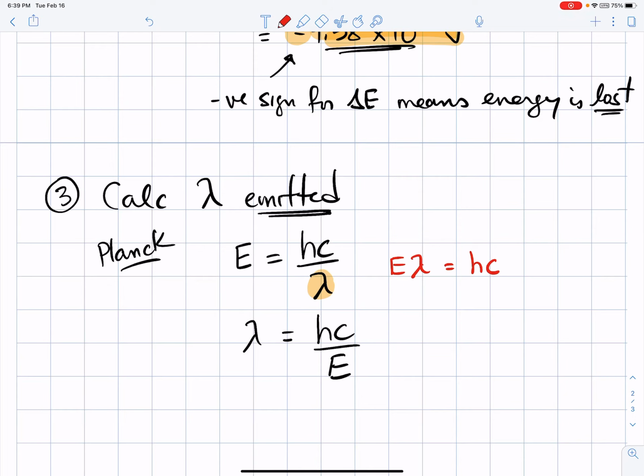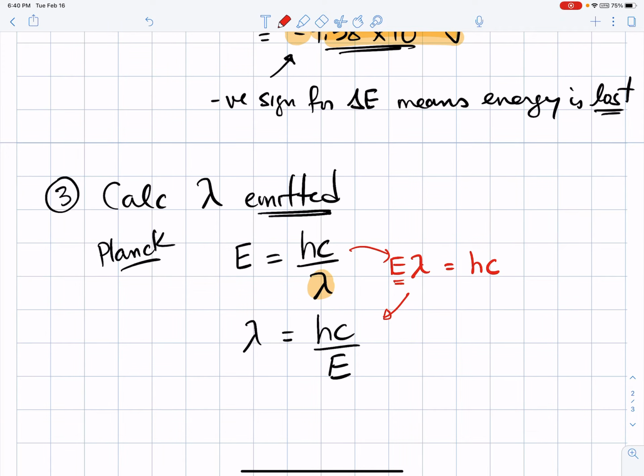I just multiplied both sides by lambda, which gets rid of the lambda in the denominator on the right. Now to get the lambda by itself, I need to get rid of the E. So to get rid of the E, it's multiplying lambda, I'll get rid of it by dividing both sides by E. So I'll be left with lambda equals hc divided by E.